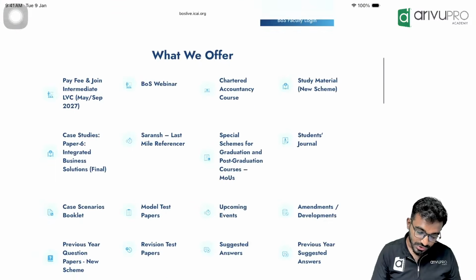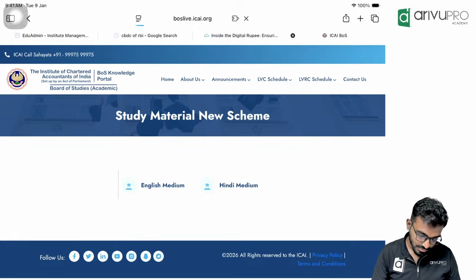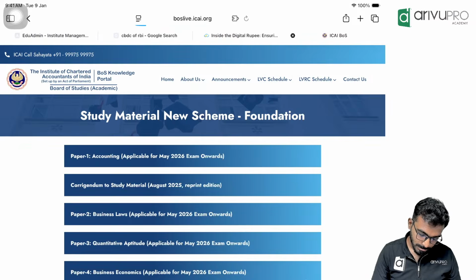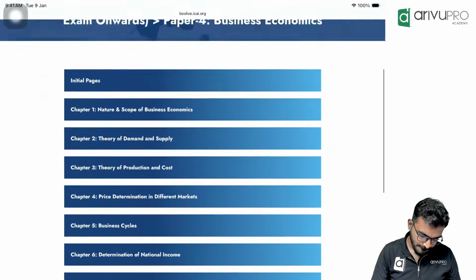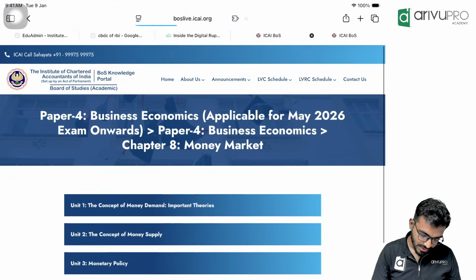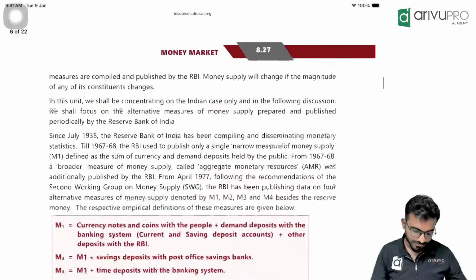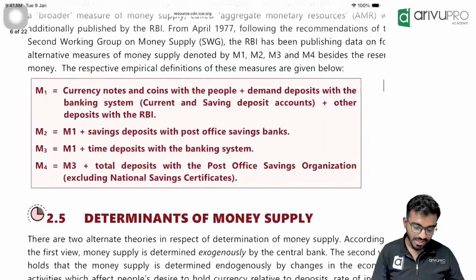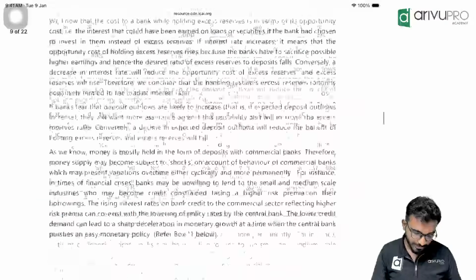Why I usually tell students to read the ICAI material including the summary is this reason. Economics, Chapter 8, Unit 2, Concept of money supply. See here, they have just explained about M1, M2, M3, M4, right? Now, at last, when you come to the summary.